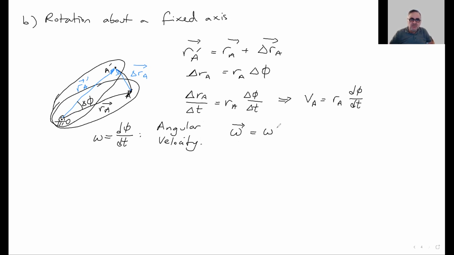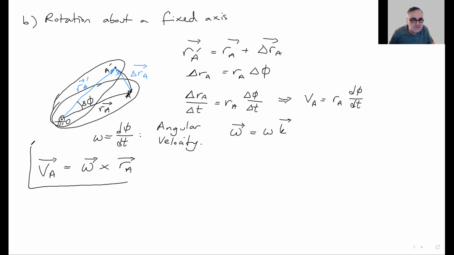In two-dimensional motion it is omega times, you can say that the angular velocity vector comes out of the whiteboard. And the correct vectorial expression for the velocity of a point is omega crossed with RA. And this is even true for three-dimensional motion. This is an important equation.